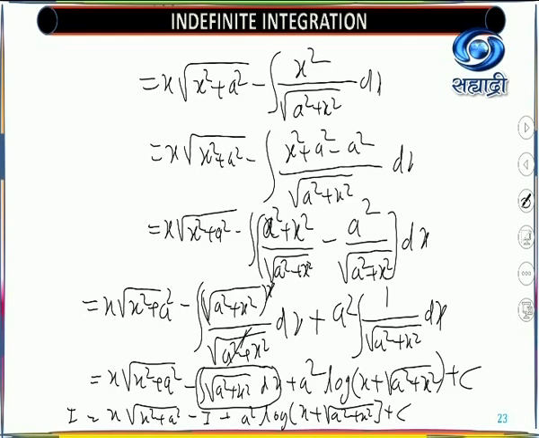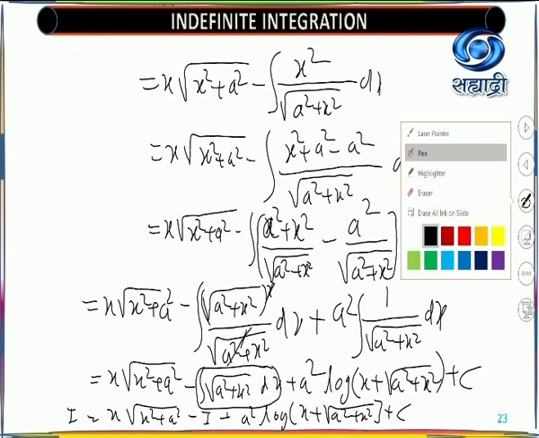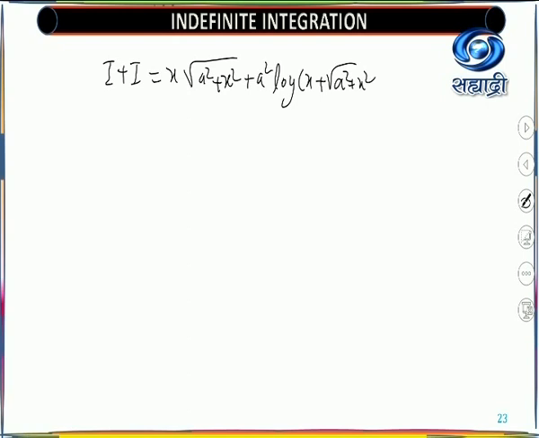I'll take I to that side. Once I take I to that side, what will I get? I plus I is equal to x root of a square plus x square plus a square log of x plus root of a square plus x square plus constant of integration.